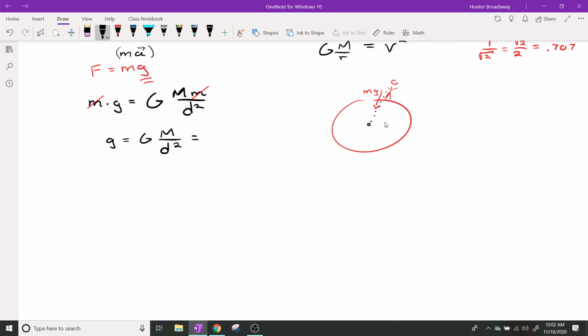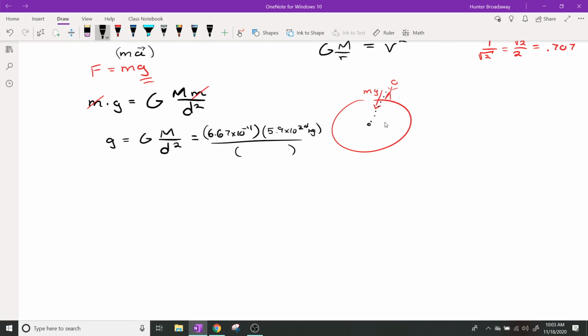If we plug in these numbers, it seems far-fetched, but this 6.67 times 10 to the negative 11th times the mass of the Earth, which is 5.9 times 10 to the 24th kilograms. I think that's right, but you might want to double check me on that. And the radius of the Earth, I've already forgotten what it was. It might be like 6 times 10 to the 6th.